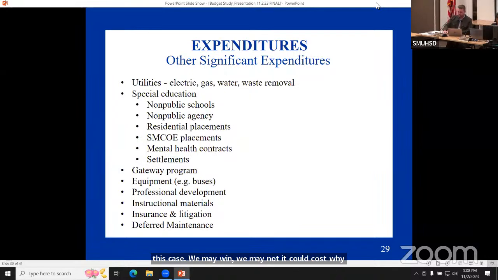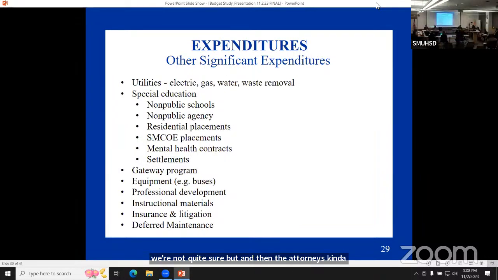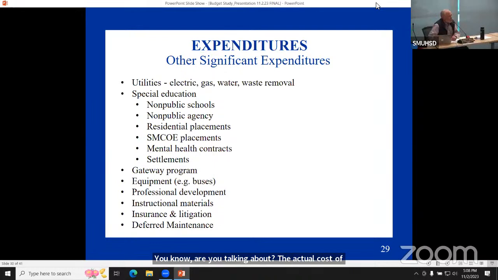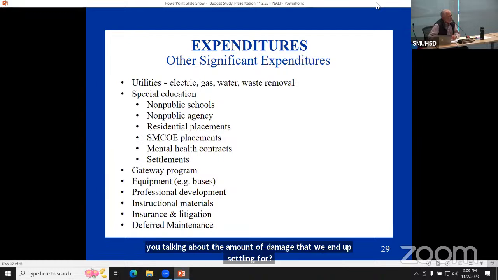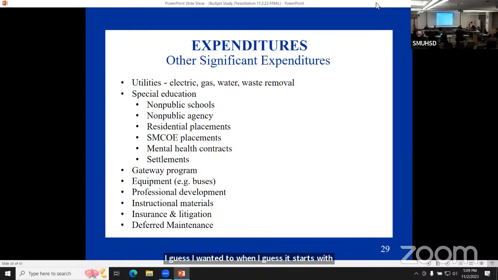Bob, are you talking about the actual cost of litigation, which is the professional services? Or are you talking about the amount of damages that we end up settling for? I guess it starts with what Yancey said. We are having a dramatic increase in litigation costs and insurance costs.